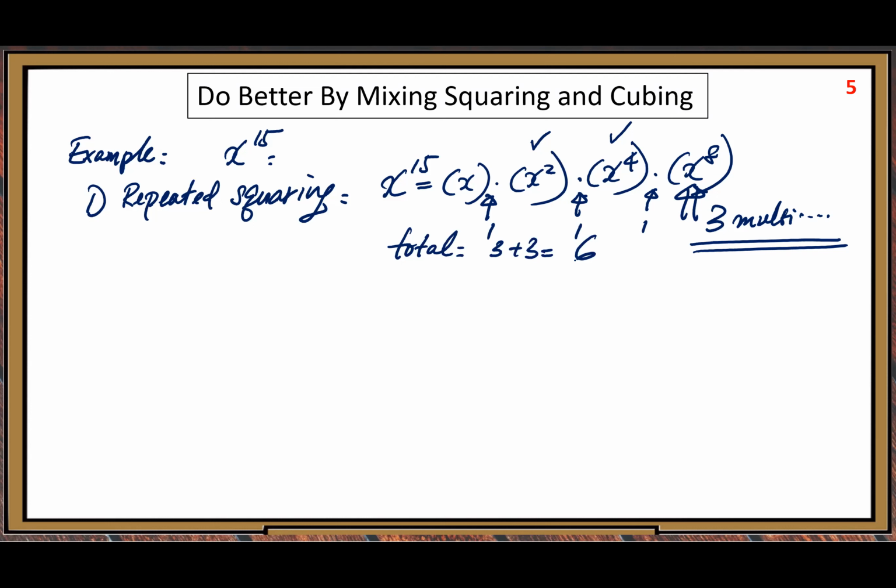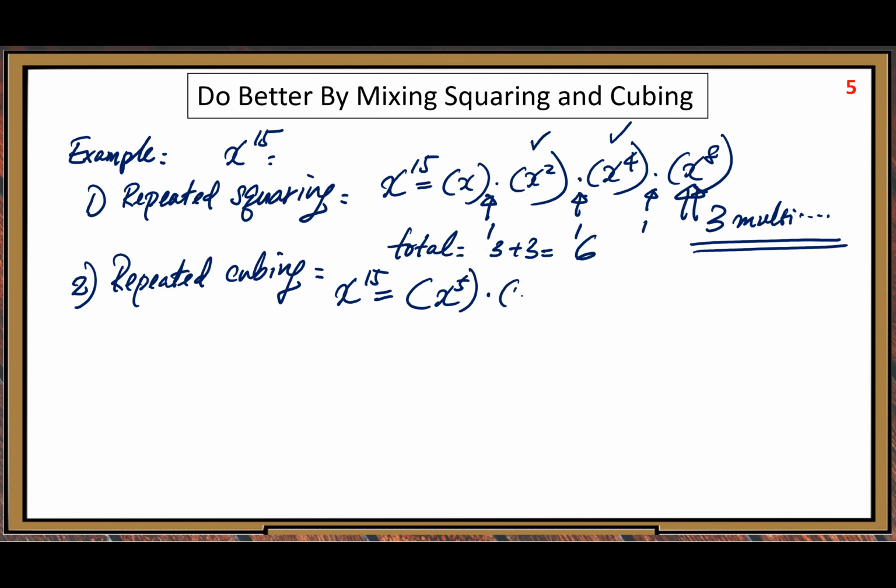The second time, repeated cubing. X to the 15th, this time we write it based on the cube structure: x to the 5th times x to the 5th times x to the 5th.